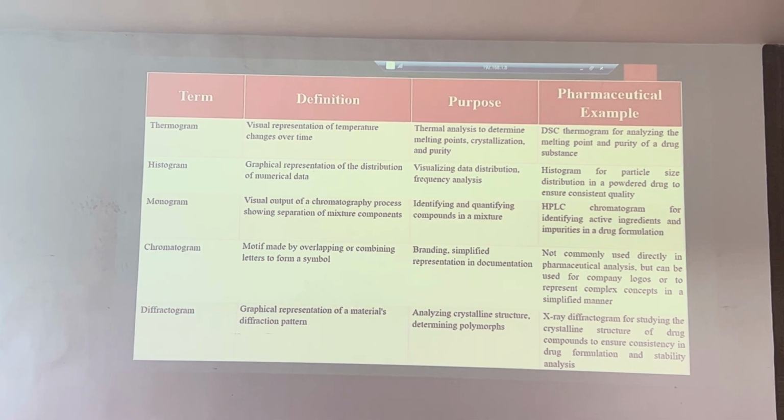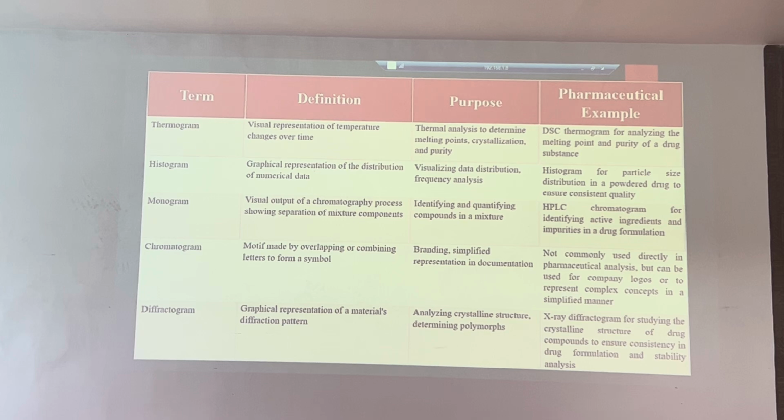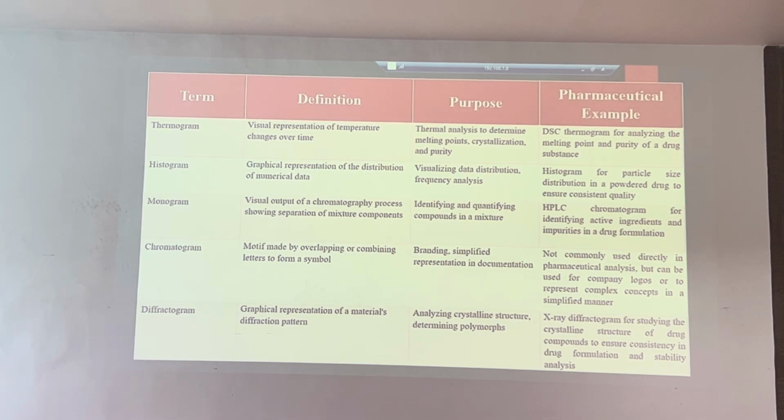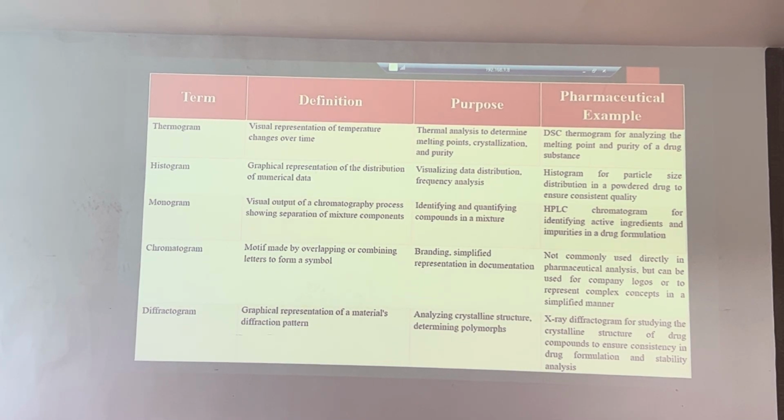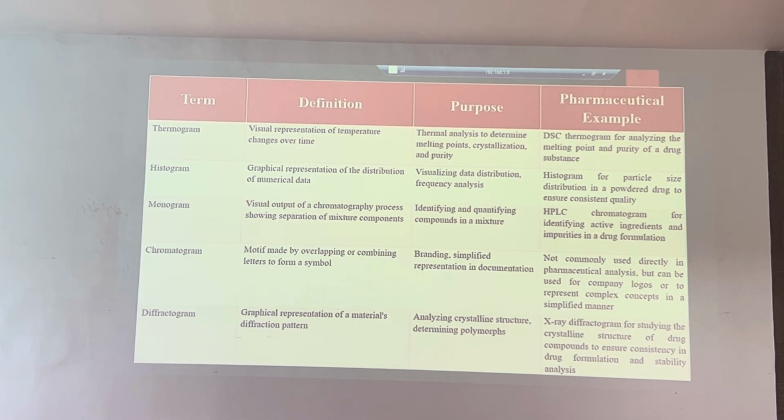Whatever the visual representation is, numerically it will give. When you pour the powder inside the equipment, it will give the graphical representation with respect to the distribution of the numerical data: what micron size, and how much percentage exactly is there. Then we can call it a histogram.